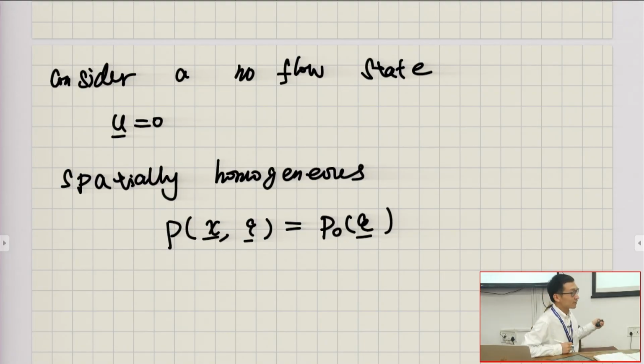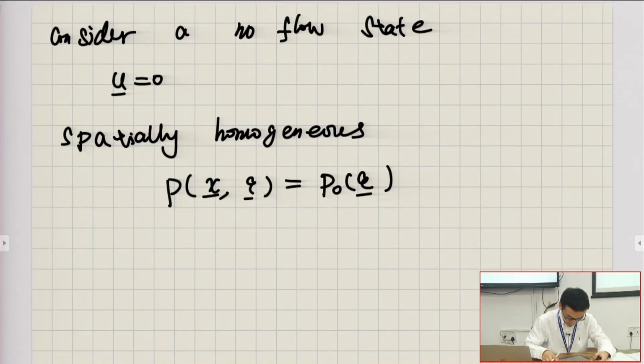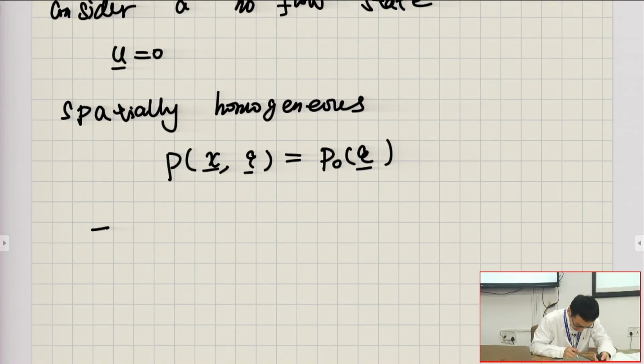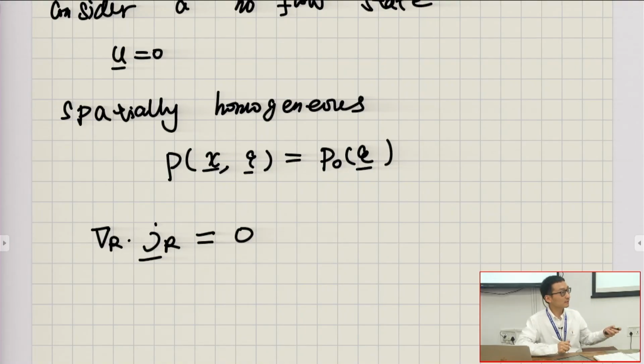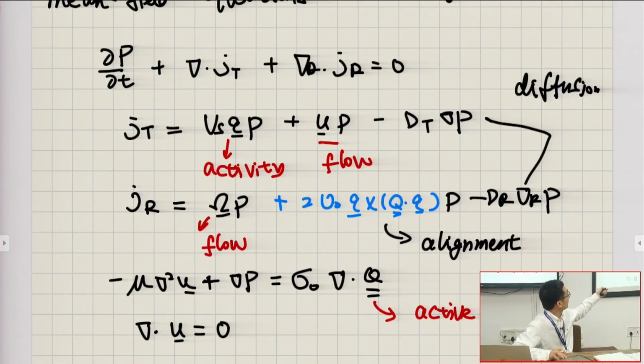We're seeking a stationary solution. Stationary means time independent. Stationary solution, but also no flow and spatially homogeneous. Make sense? Simplest we can do. This is the bare minimum that we can try to find a solution. And then the only thing we're left with is this piece right here. Because time independent, and no spatial dependence.